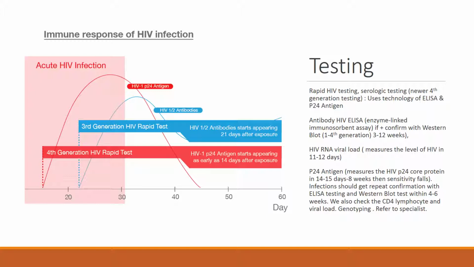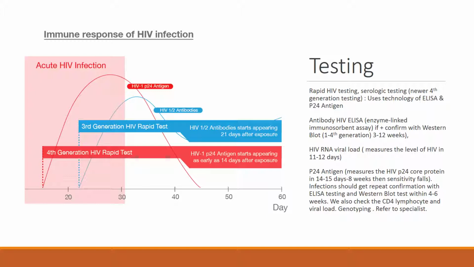Typically around 4 weeks is a great time to do that testing. Of course, we'd retest again if there was risk, but at 4 weeks we can get a positive test. So that can also decrease transmission when people know that they are infected.